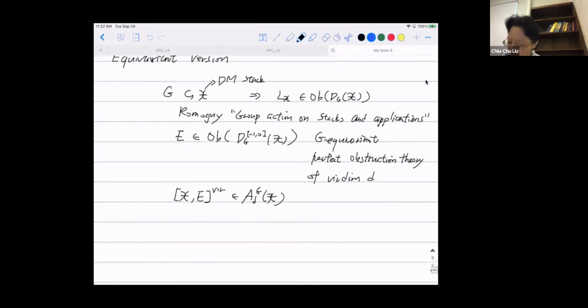And also, when G is a torus, we have a torus localization of, oh yeah, actually maybe also the virtual structure sheaf.